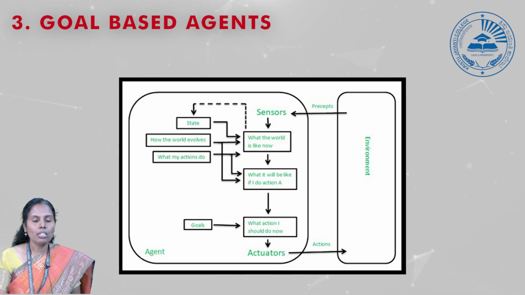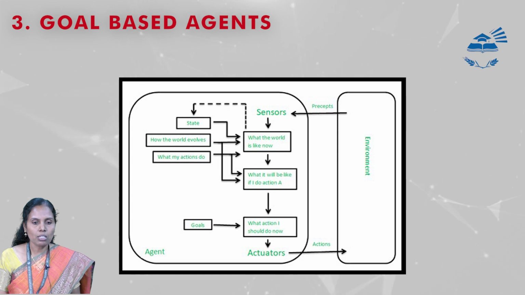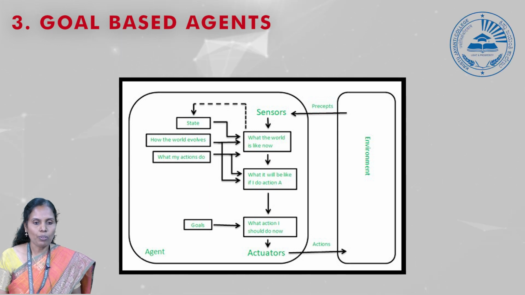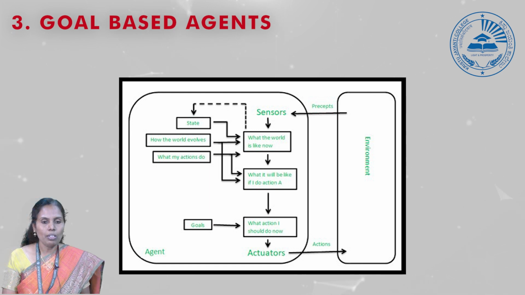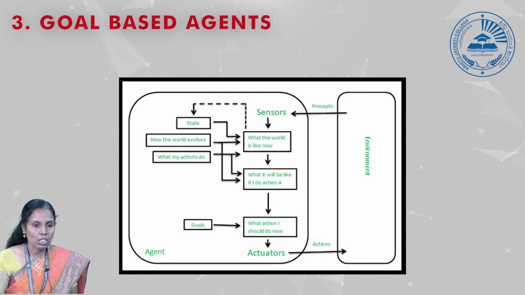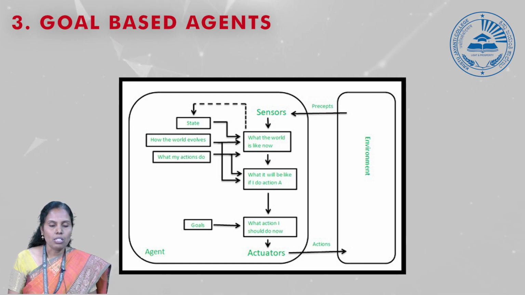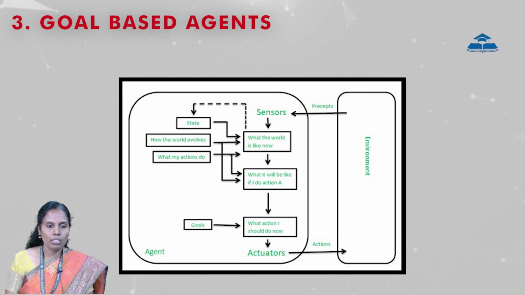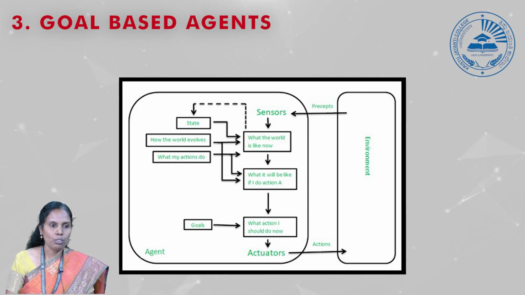Then after that, we decide what action I should do now. So we find the shortest path from all the possibilities, and finally we reach the goal. So we write the program through the actuator and find out the reaching point based on the goal based agent.